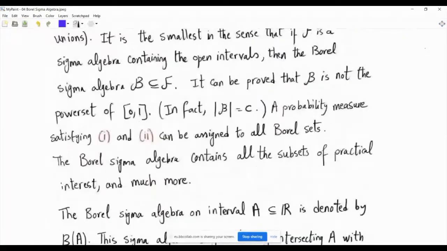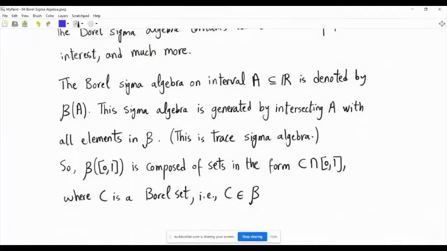There is a trick: you can define the Borel sigma algebra on any interval A by taking the Borel sets on R and intersecting them with A. So if you want a Borel sigma algebra on the closed interval [0, 1], you take the Borel sets on R and take their intersection with [0, 1], and you will get the Borel sigma algebra defined on the closed interval from 0 to 1.